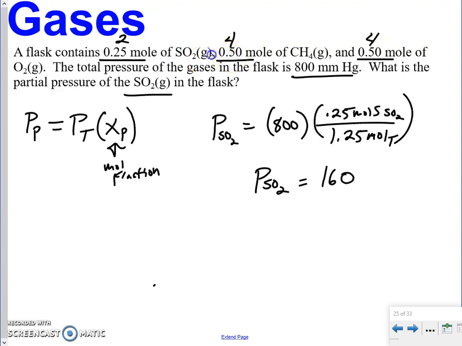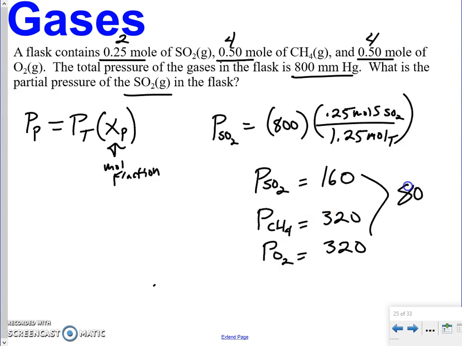So we know, sorry, not SO2, CH4, the pressure of CH4 is twice as big, so it would be around 320. Okay, and the pressure of O2 is equal to CH4, which would also be 320. So if we added those all up, guess what we get? We get 800, and we can see how that split works there.